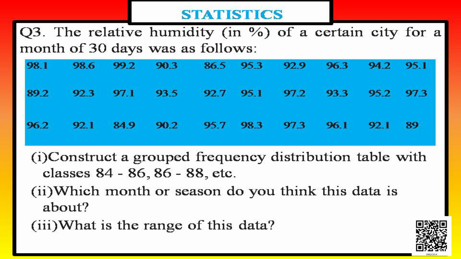Now they asked you, first, to construct a grouped frequency distribution table with classes 84 to 86, then 86 to 88, etc. So the class intervals they have already mentioned for us. The second bit is, which month or season do you think this data is about. The third bit is, what is the range of this data. So let me do it. First we will make the grouped frequency distribution table with the data given to us.